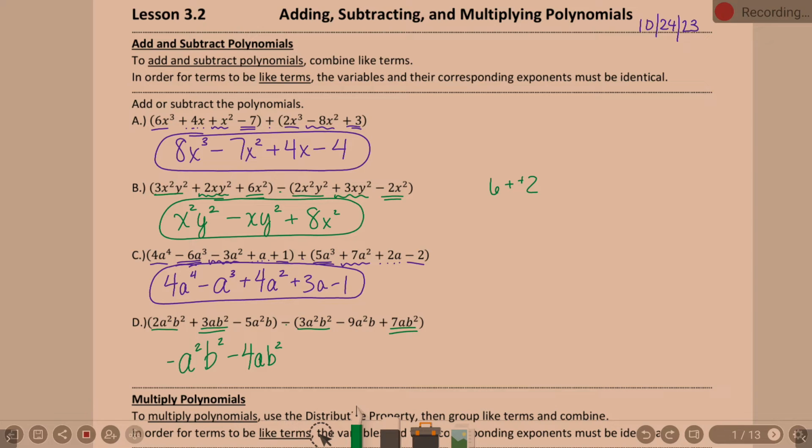And lastly, minus 5a squared b minus negative 9a squared b plus 4 is going to be plus 4a squared b because it is negative 5 minus negative 9.